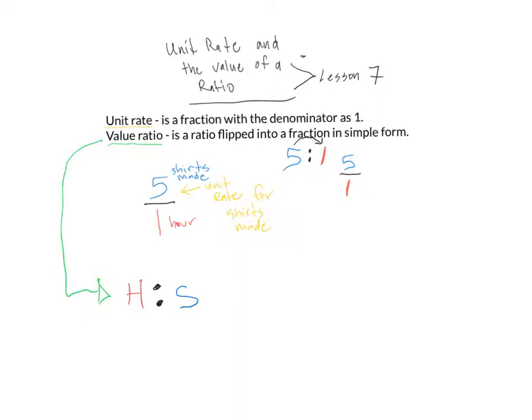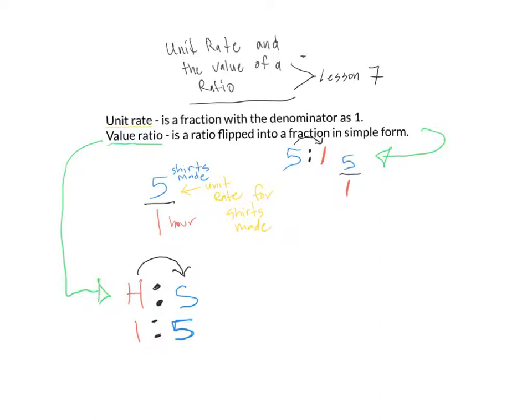So we'll plug in 1 to 5. Okay, and now in order to get the value of the ratio, we just need to flip this like we did over here.